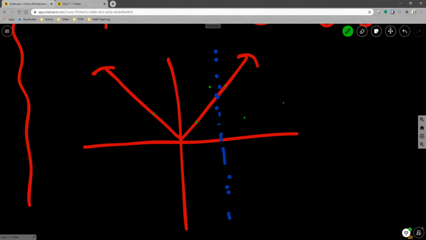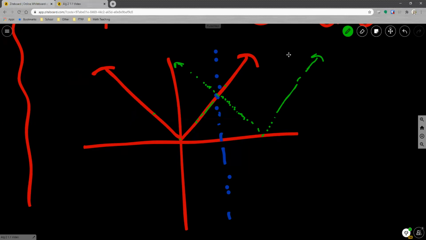And then if I take all those points and reflect them, what I end up getting is a different picture of my original graph. And that results in a reflected function over that line of reflection.